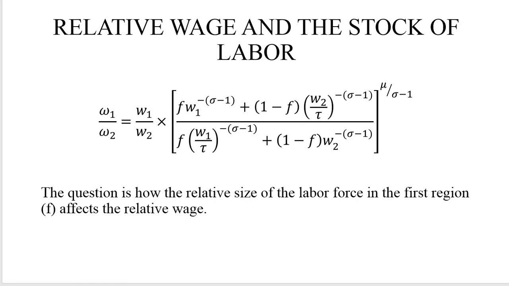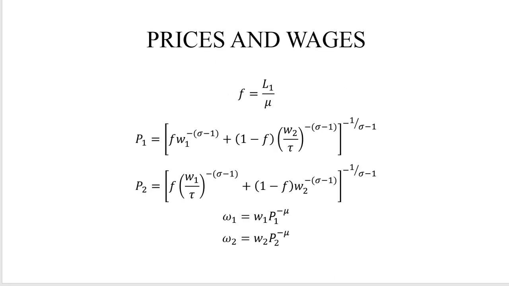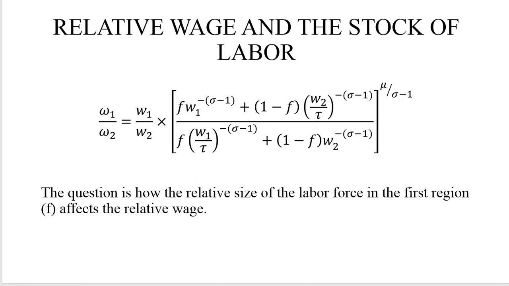So now the question is, because as you remember, F stands for the share of worker supply employed in the first region, whether higher stock of labor in the first region, so basically higher value of F, will be associated with increase in this ratio, indicating that regions with the higher stock of capital indeed have higher wages, or it will be the opposite, so it will be associated with decrease in this ratio.